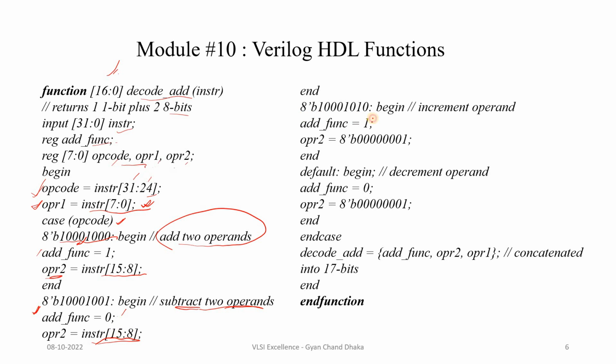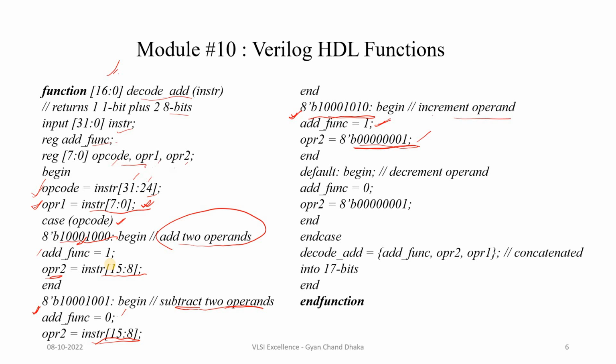If our opcode is this value, it corresponds to the increment operation, so add func again becomes 1, because it is an increment by 1. Operand 1 will be bits 0 to 7, but operand 2 will be a fixed value of 1, and it will not come from instruction bits 8 to 15.